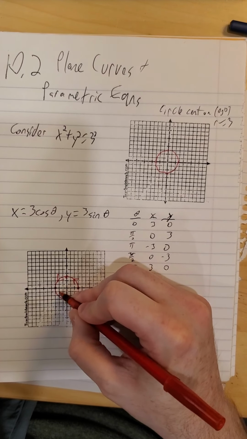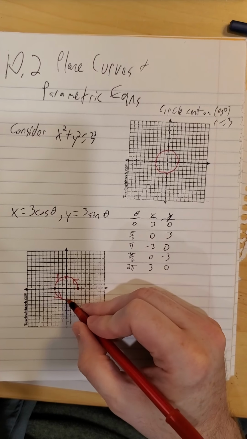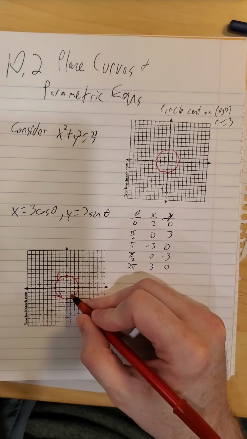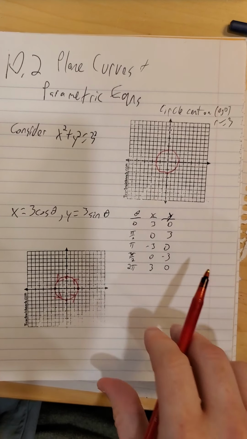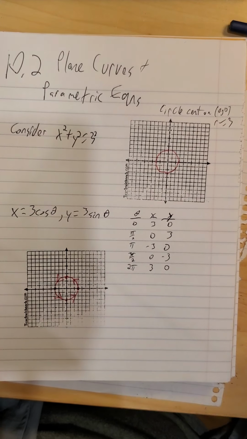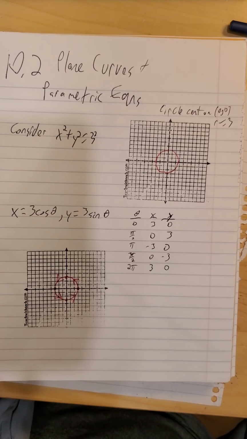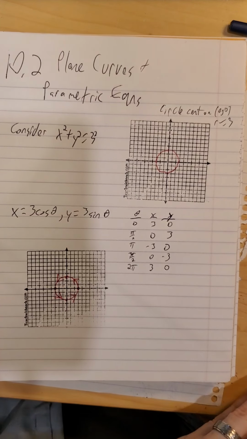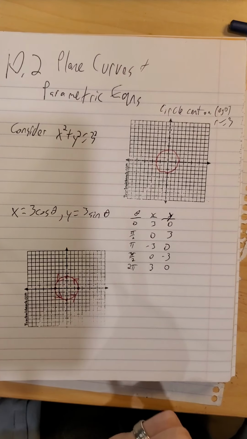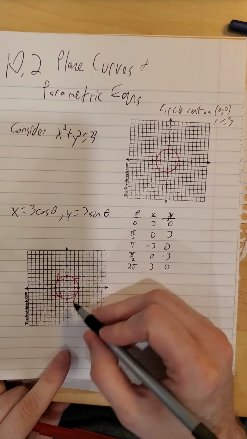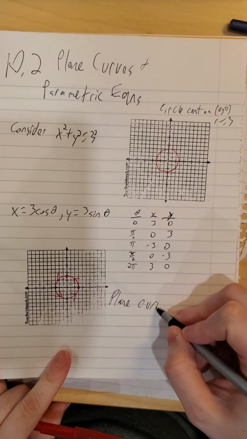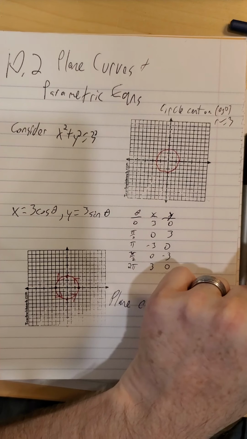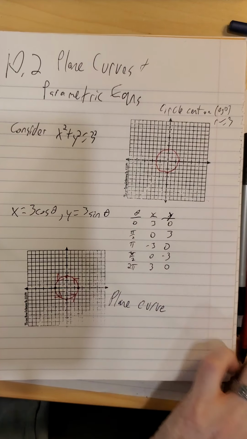So again, continuing in that direction and then getting to 2 pi. Now we're back where we started. So this is a circle that is sort of formed by spinning counterclockwise. The end result is this is what's referred to as the plane curve. So a shape and a direction.